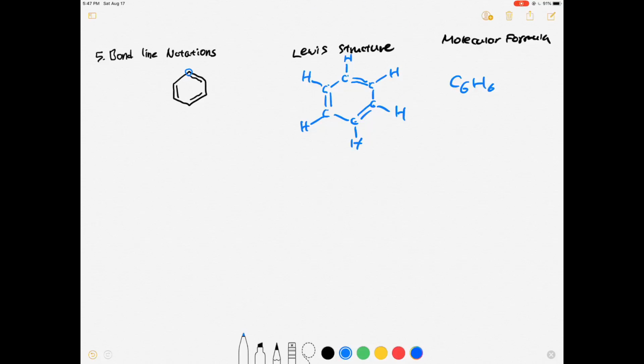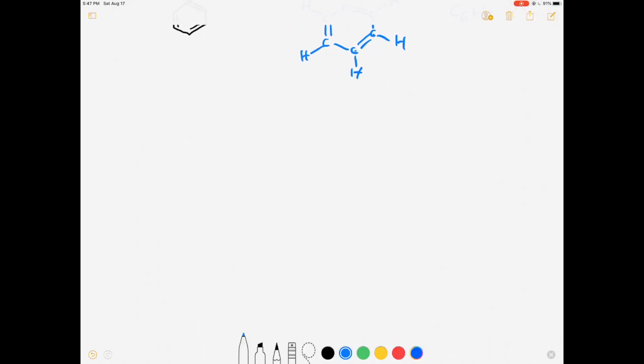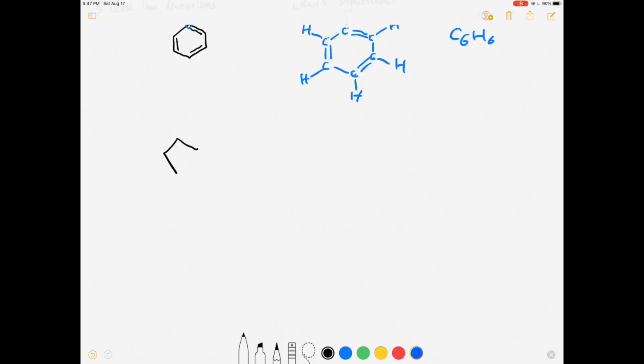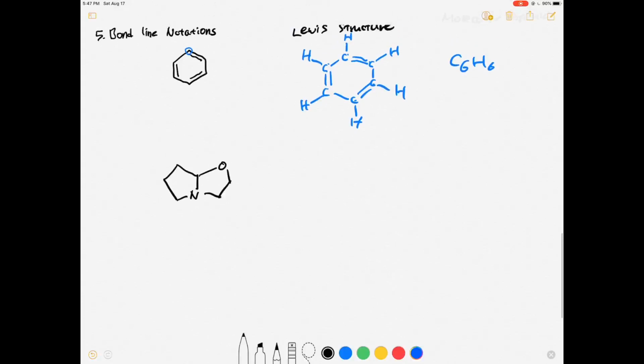Now, let's try this one. So there's a 5-membered ring and another 5-membered ring. So now draw a Lewis structure for me. Okay, so same approach. Draw all the carbons and heteroatoms. So nitrogen over here, C over here, cool. Oxygen over here, carbon over here, another carbon, connected to nitrogen.